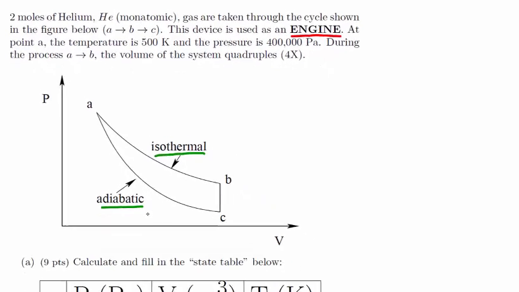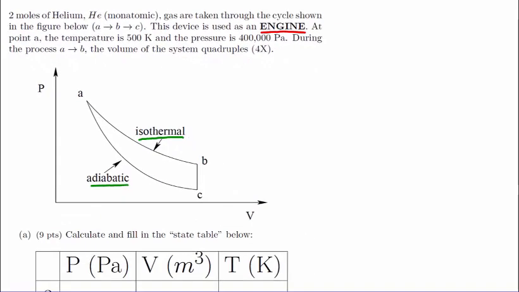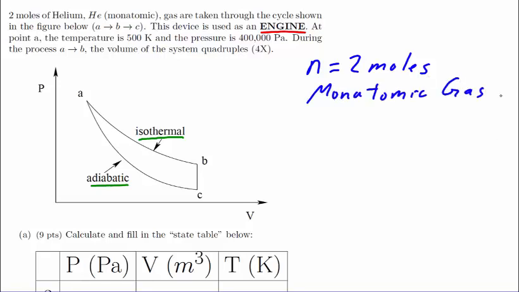Let's look through the problem and select the information that we're given. 2 moles of helium gas are used in this engine, and we recognize that helium is a monatomic gas. The importance of whether the gas is monatomic, diatomic, or polyatomic is in selecting the values of the specific heats C sub V and C sub P. We get these from a table that we remember from earlier in class.